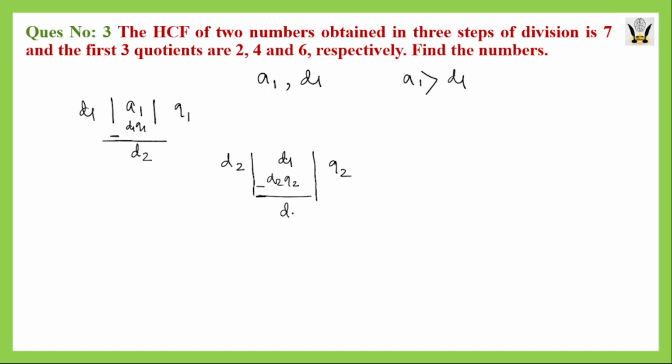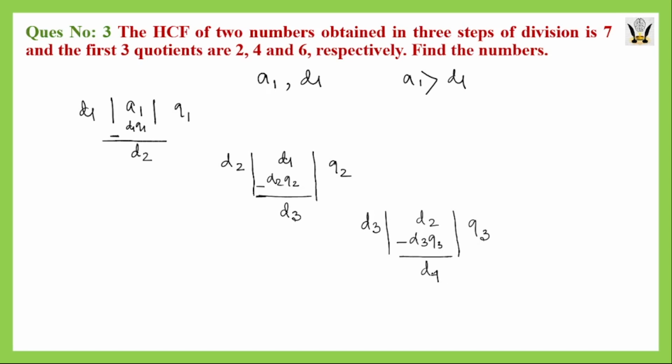If we assume that remainder value is D3, then in the third step D3 becomes the divisor, and D2, which was the divisor in the previous step, becomes the dividend. When we divide, we have another quotient, suppose Q3, and this value will be D3 Q3, and after subtraction this is suppose D4.